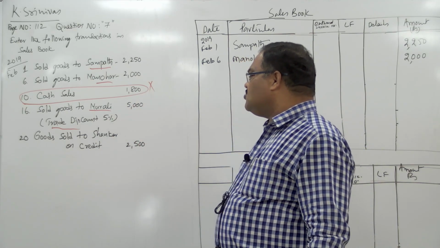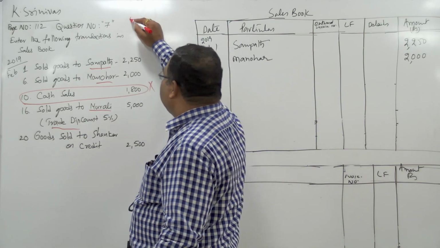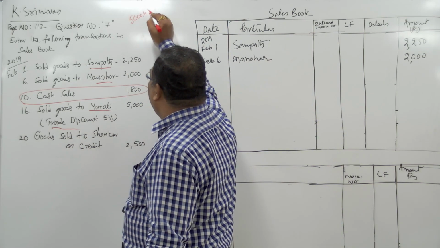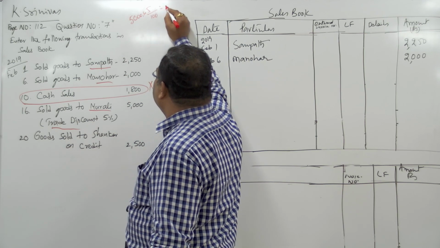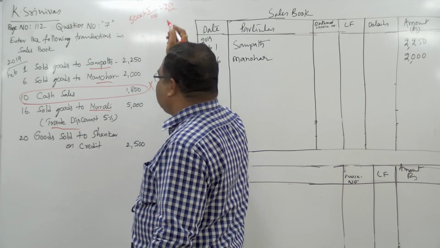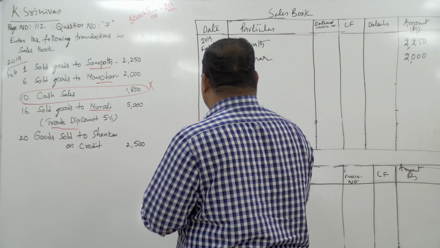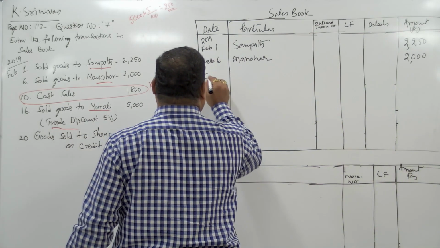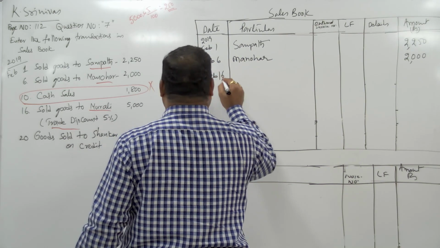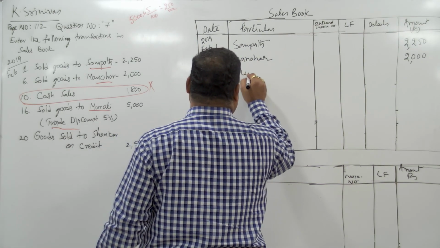So here 5,000 into 5%, you have to calculate: that is 250 rupees, which should be subtracted. So students, here February 16, Murali.